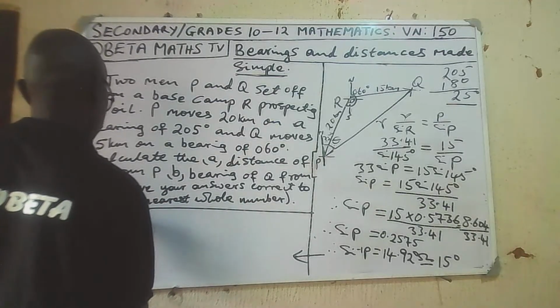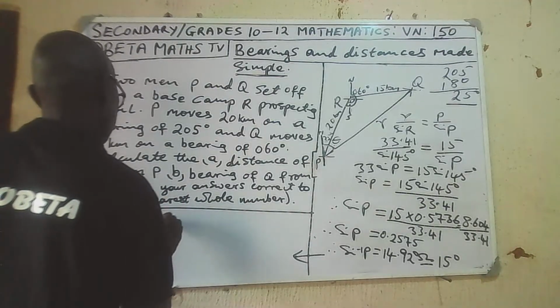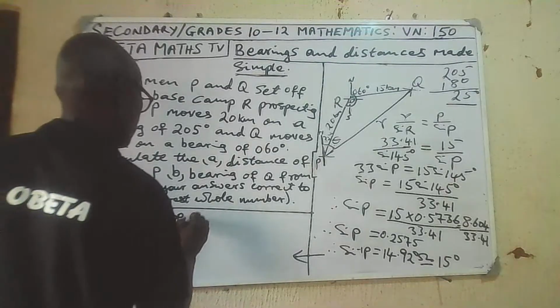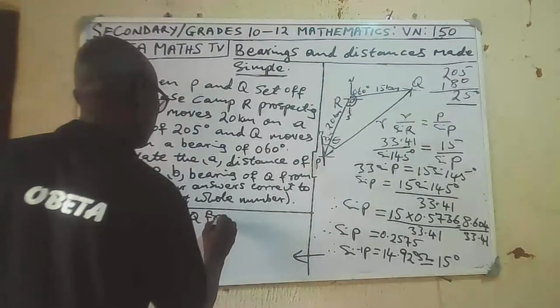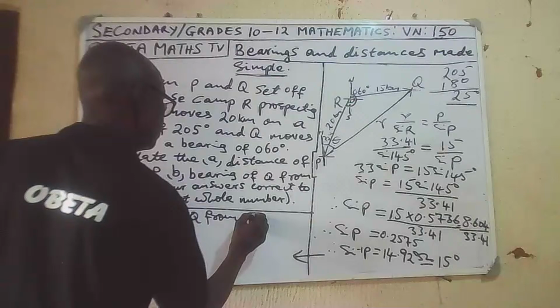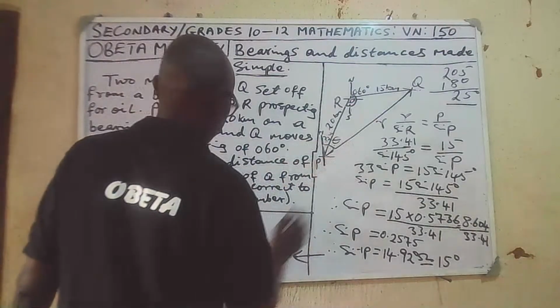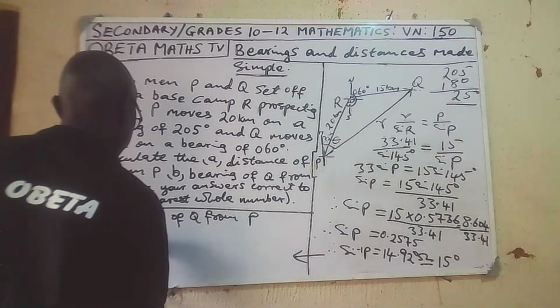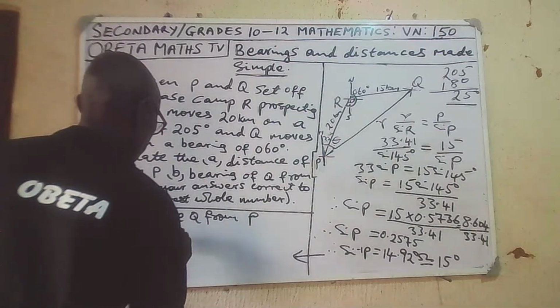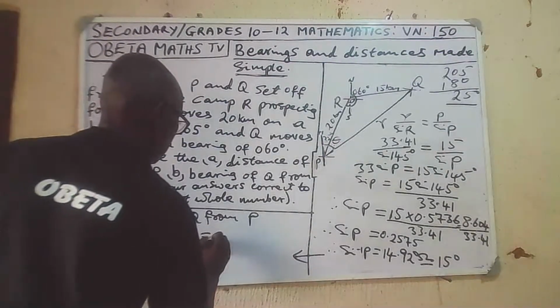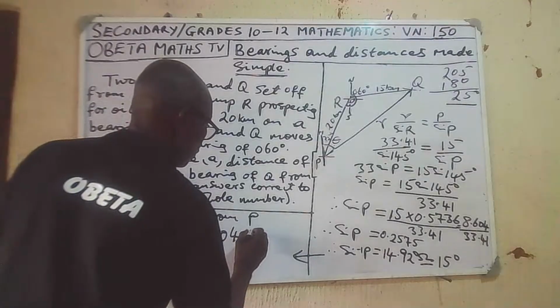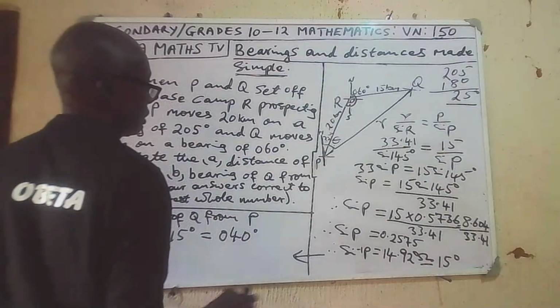Bearing of Q from P should now be equal to 25 degrees plus 15 degrees. And that will give us 040 degrees.